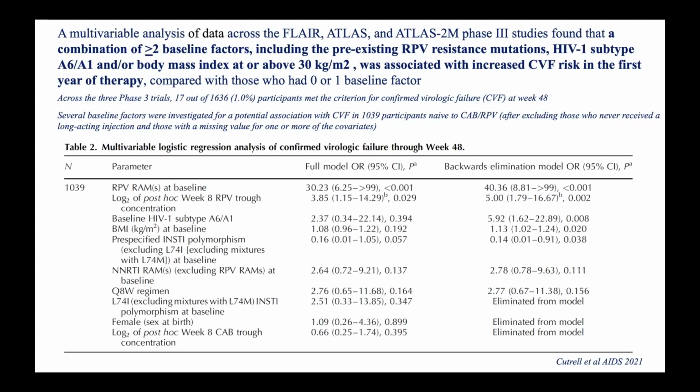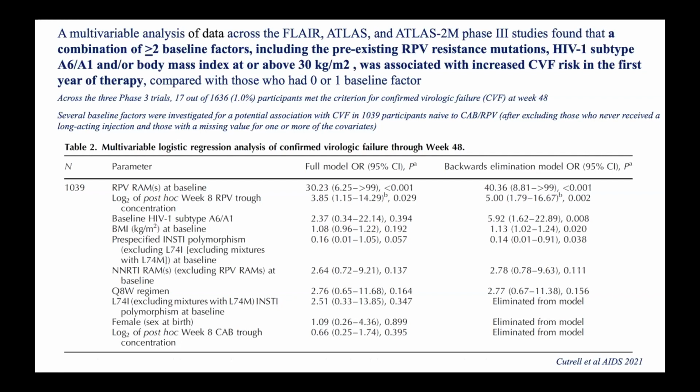And we know that there are several factors that can be investigated. In the beginning, the first failures were individuals who had a specific flare study that had the A subtype and particularly the L74I mutation. So there was a lot of discussion about this.